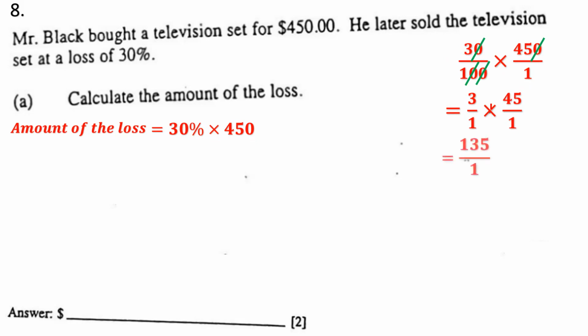We have to multiply 3 by 45 and we must multiply 1 times 1. And so we have 3 times 45, which is 135, and 1 times 1, which is 1. And so the answer is going to be 135. That's the loss that he got.